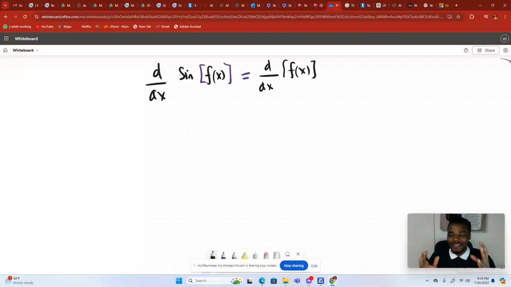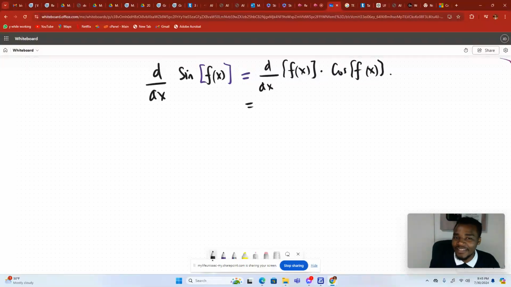Once we have the derivative of f of x, we multiply by the derivative of the sine function. Remember, the derivative of a sine function gives us the cosine function. So we multiply by cosine of f of x.